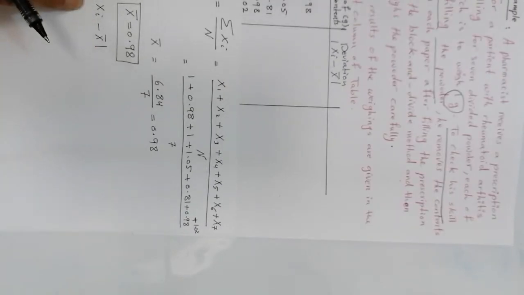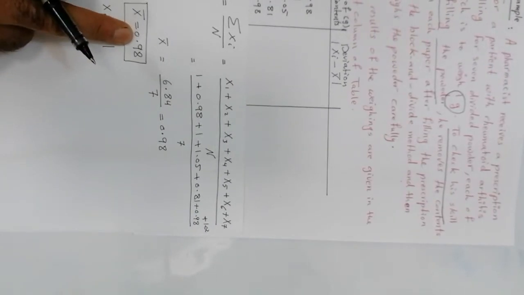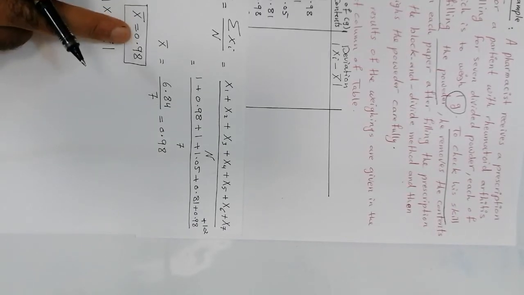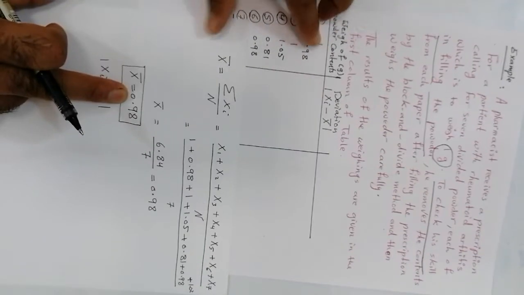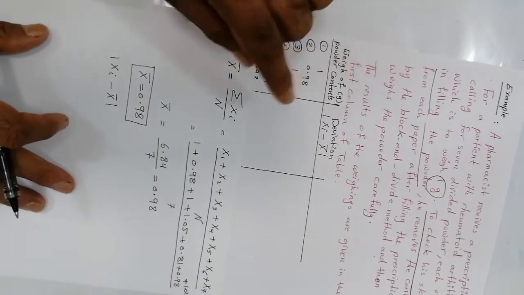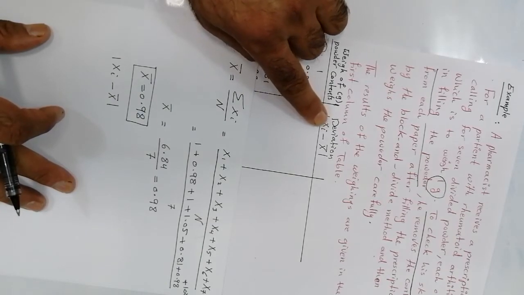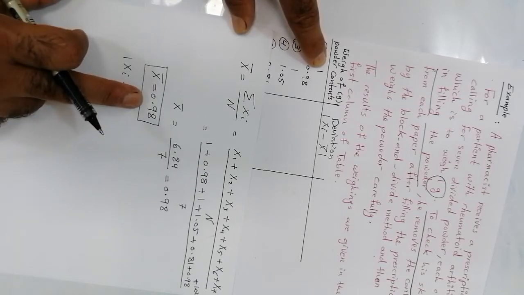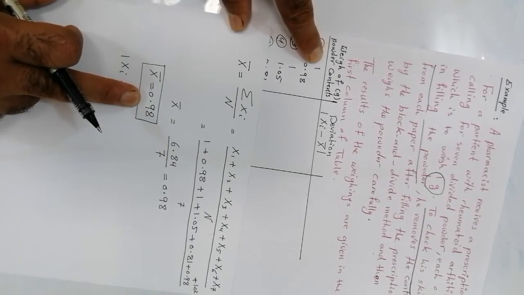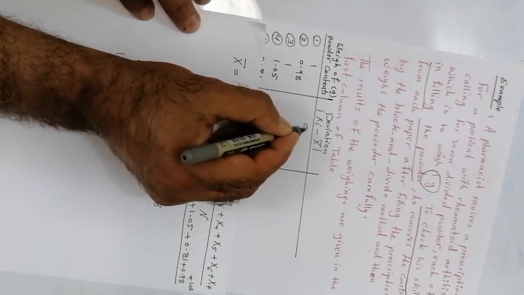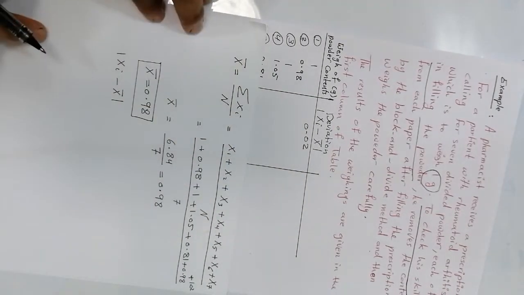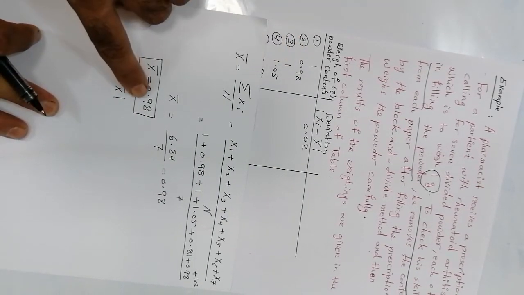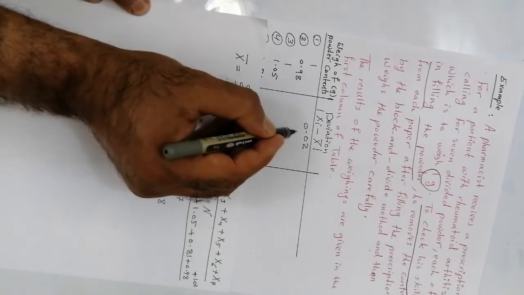To calculate the deviation for the first value, 1 minus the mean 0.98 equals 0.02. For 0.98 minus 0.98, we get 0.